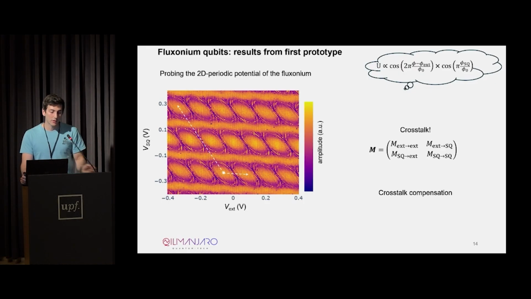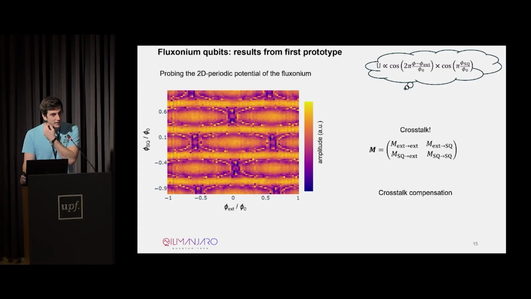In order to compensate for this, we need to find the direction of this periodicity so that we can implement a change of basis to align our sources to the direction of the potential of the Fluxonium. In this case, for example, it's calibrated data, and you can see that we calibrated in the external flux and in the squid flux, and the periodicity is well aligned with the Cartesian axes.